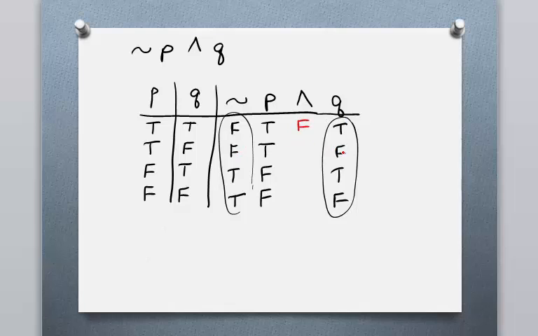If we have a false and a false, that is also false. If we have a true and a true, that will be true. If we have a true and a false, that will be false. And so if we look at this, we see that the only way that this is true is in case 3.